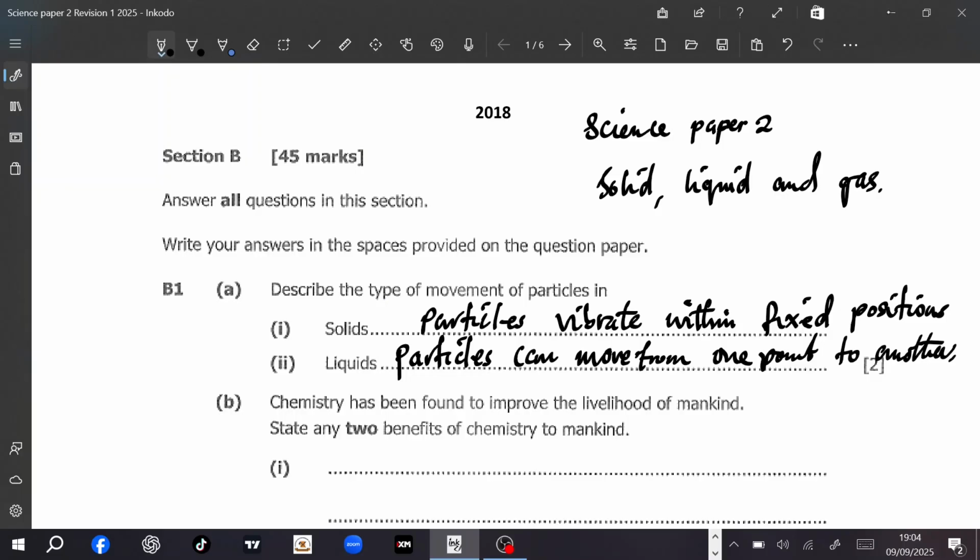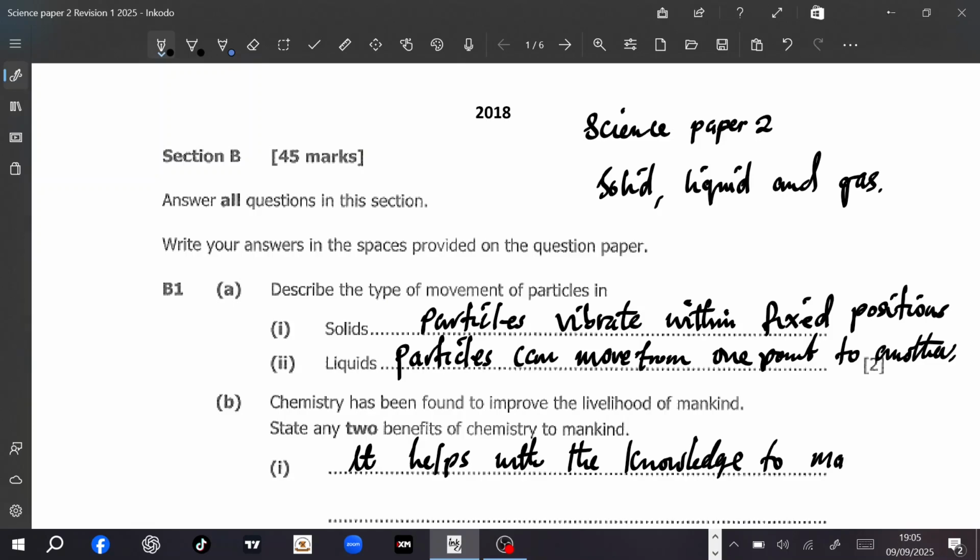Like number 1, we can say the understanding of chemistry has led us to understand how to manufacture fertilizer, which is used in agriculture. So we can say it helps with the knowledge to manufacture.